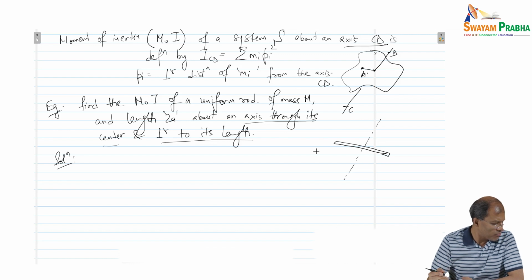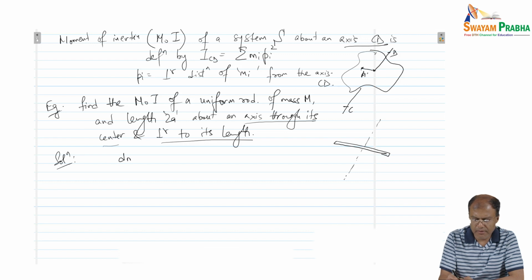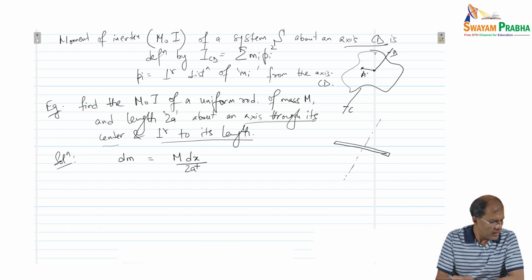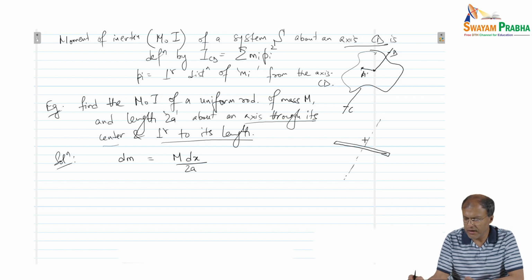So here the infinitesimal mass dm will be total mass m times dx divided by length, which is 2a. The rod length is 2a, and for any given point on the rod, the perpendicular distance from the axis of rotation, let's say CD, will be x.